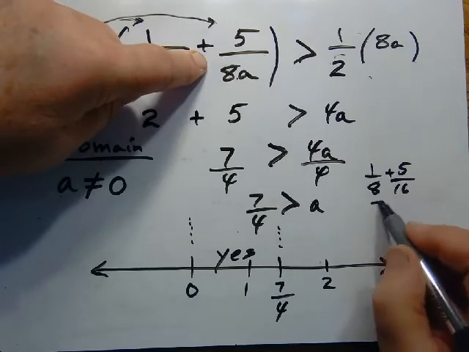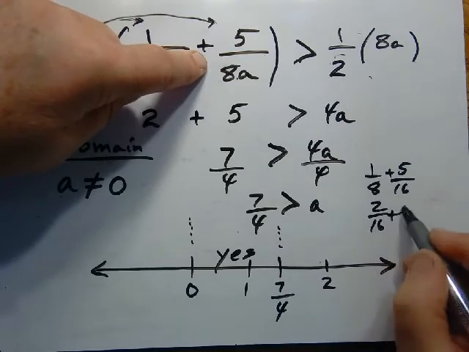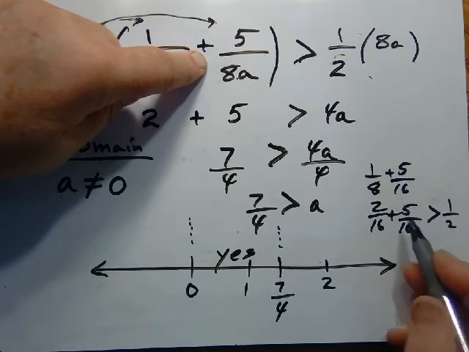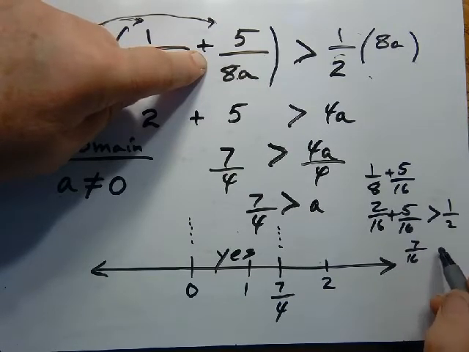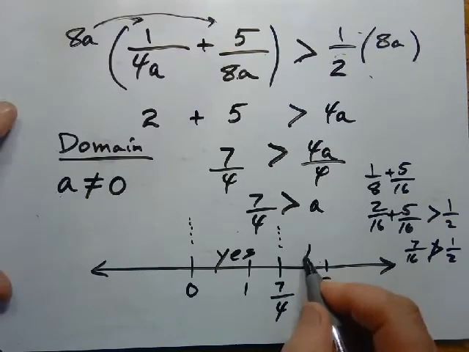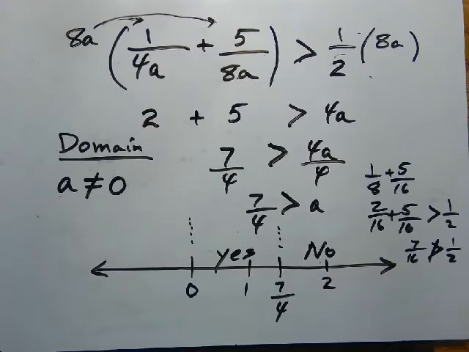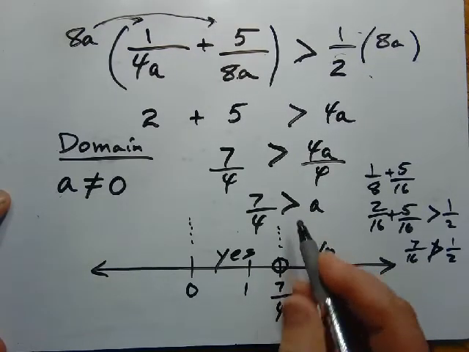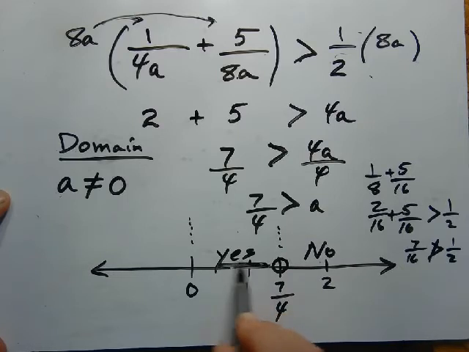Well, 1/8 is 2/16. 2/16 plus 5/16. Is that greater than a half? Well, 7/16 is not greater than a half. So this doesn't work over here, which I suspected. Okay? So this is not going to include 7/4 because it's not equal to. So we know we're down here.